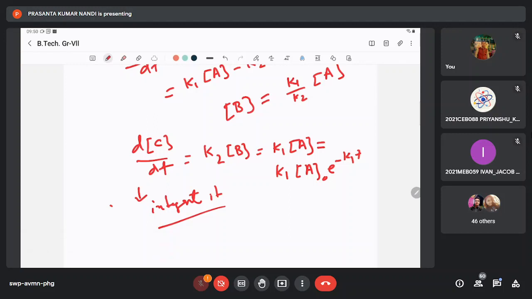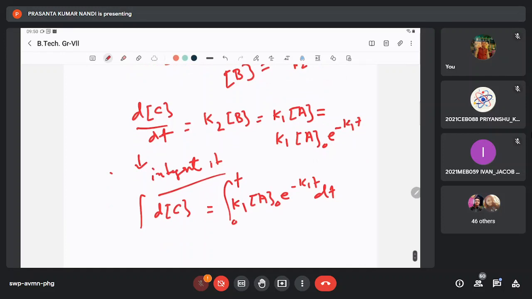Now I think you can do it. dc dt equal to this, right? So if we integrate it, that is k1 a0 into e to the power minus k1t dt, over the interval 0 to t at an arbitrary time t.